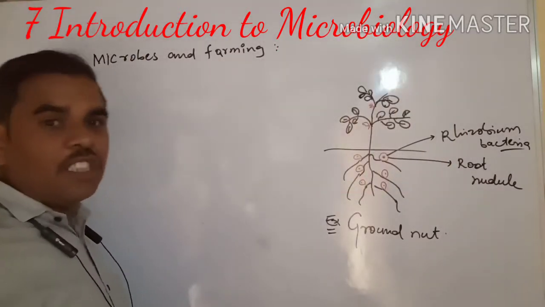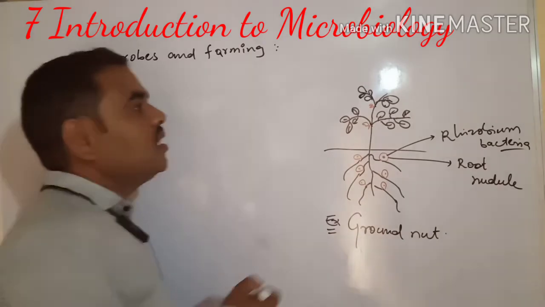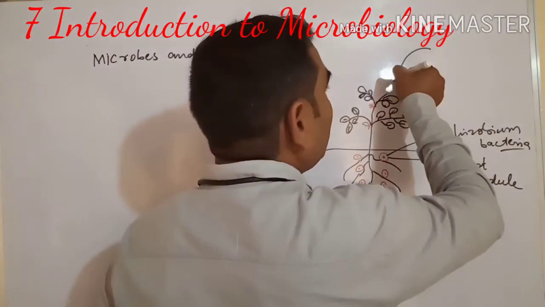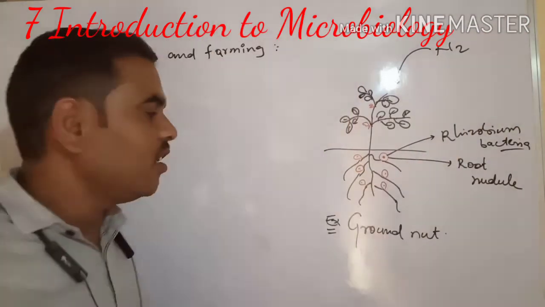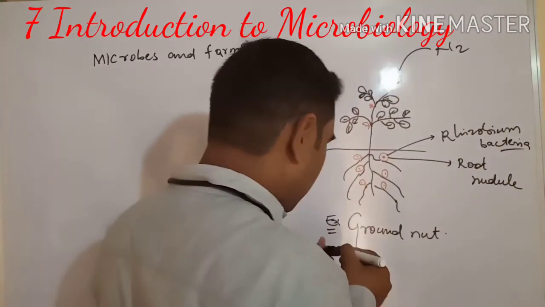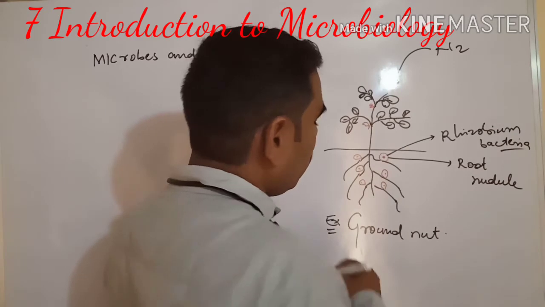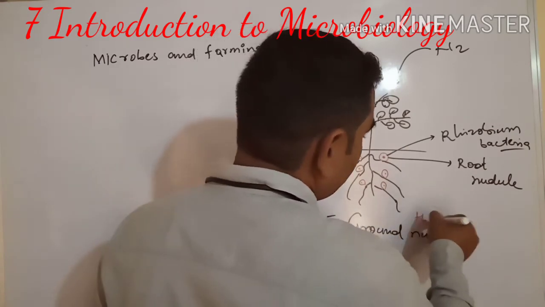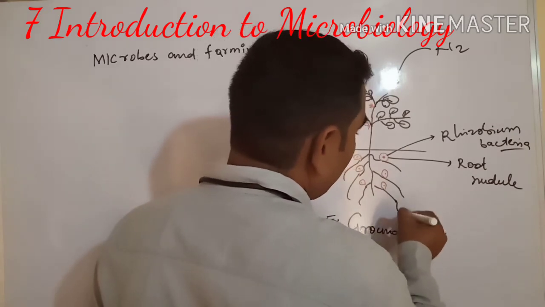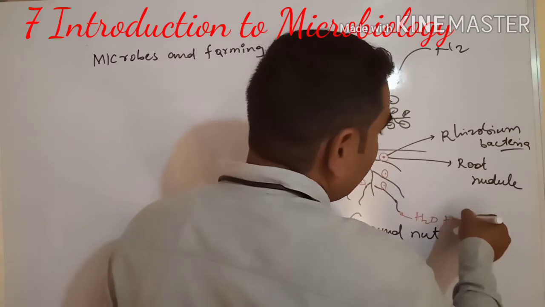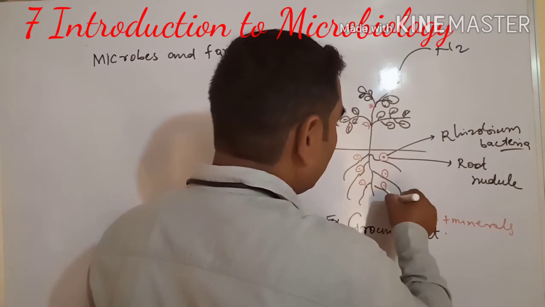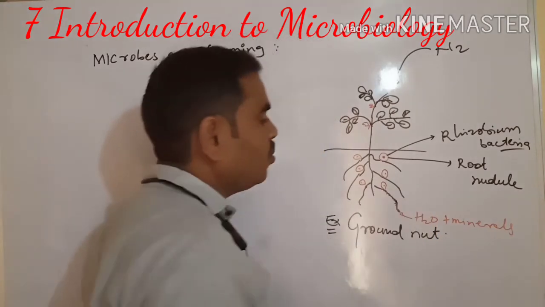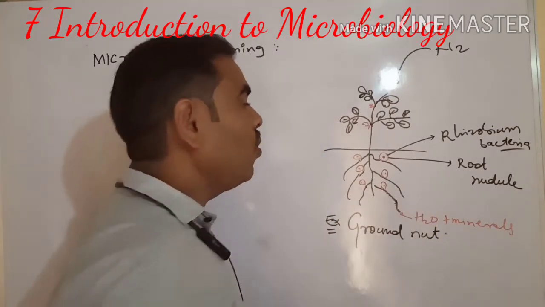What is the main function of the rhizobium bacteria? See, the plant leaves take nitrogen from the atmosphere, and through the root, water plus minerals are transported towards the root nodules.